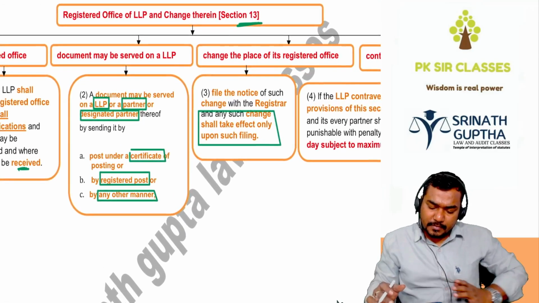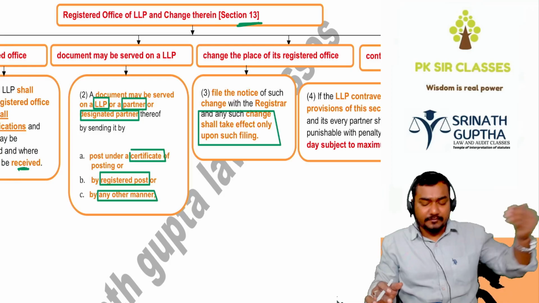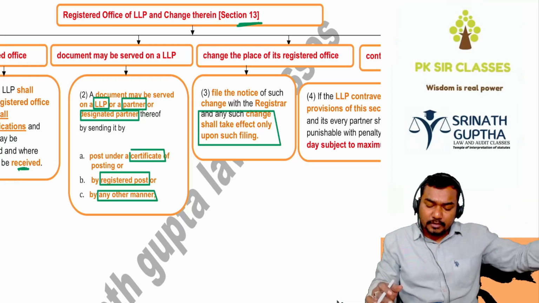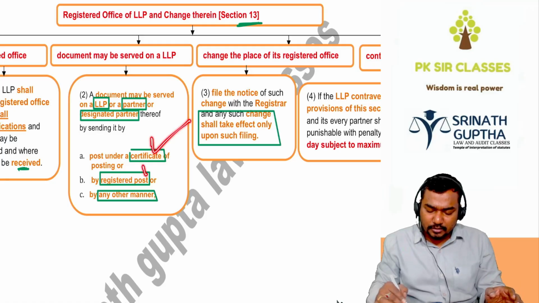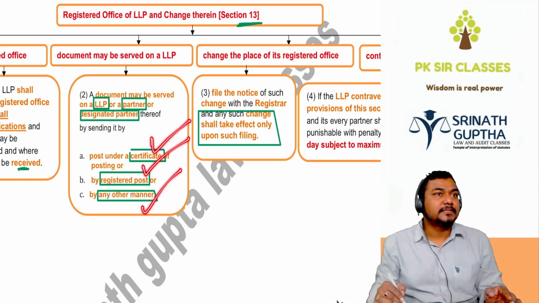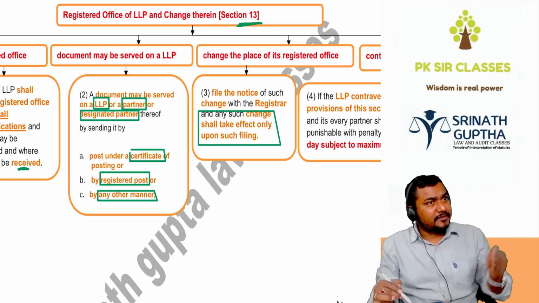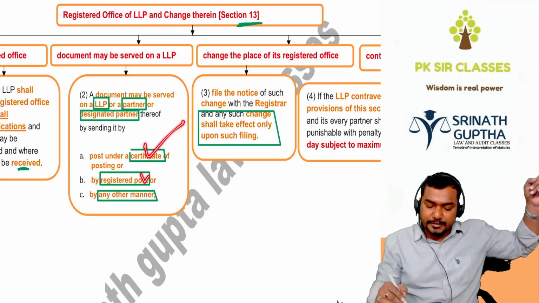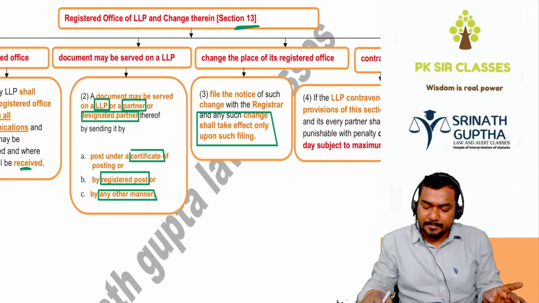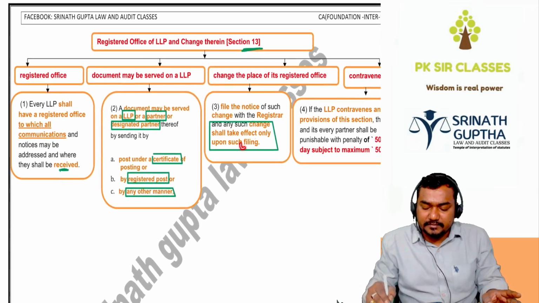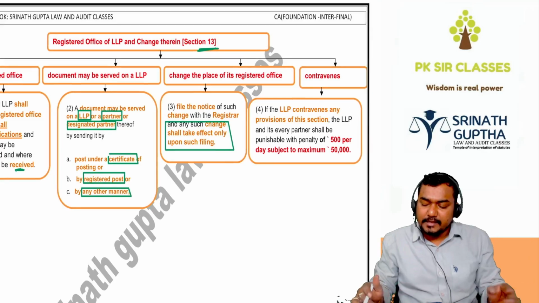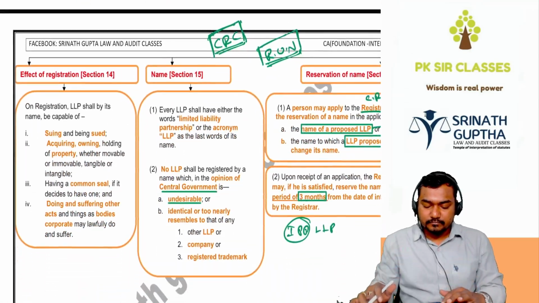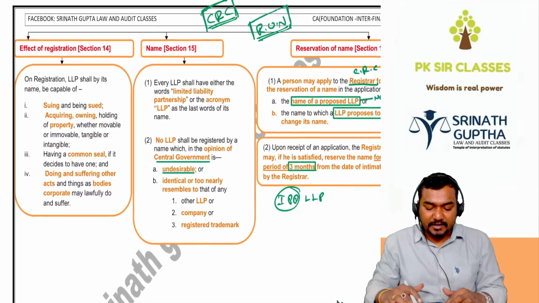And if you want to communicate with the LLP, you can communicate to the registered office through certificate of posting, through registered post, or any other manner. If there is any change in the address of the LLP, we have to inform the ROC. If you contravene, the penalty will be 500 rupees per day, subject to a maximum of 50,000.